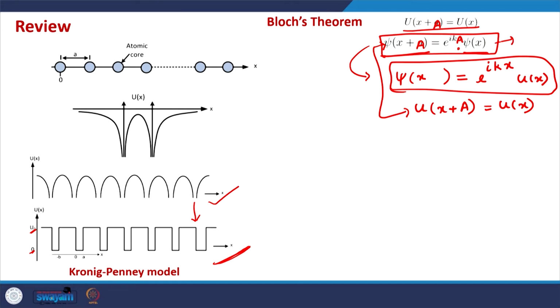So this is the power of Bloch's theorem. It is a highly useful theorem, especially for potential profiles which repeat themselves after a certain distance.